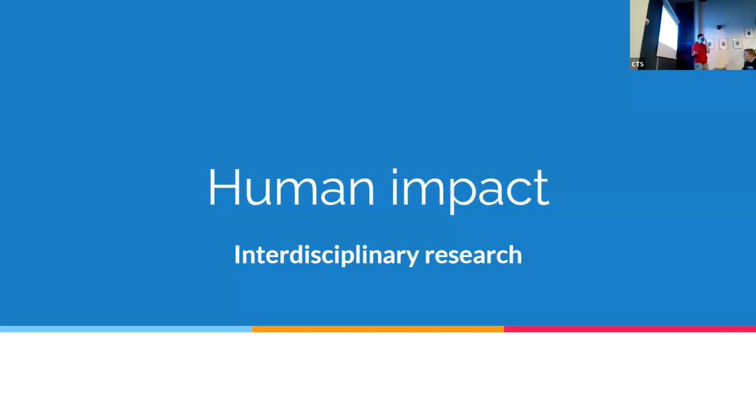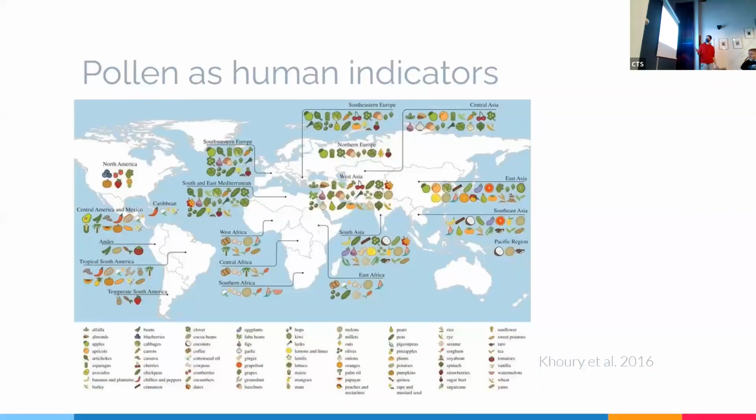So we looked into ways we can actually determine if there is a human impact in the data. I really like this paper from, I'm butchering the name, I think Kauri, but I don't know the pronunciation, from 2016. It has a super nice visualization, and basically they reviewed all plants which are human associated, plants people plant to eat, etc., across the world.